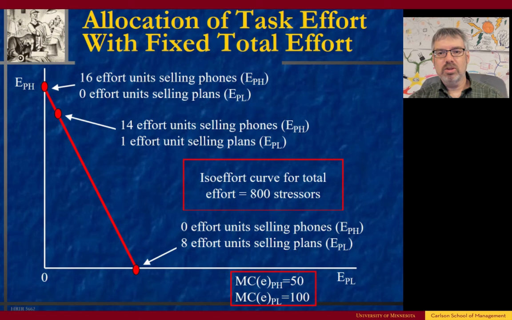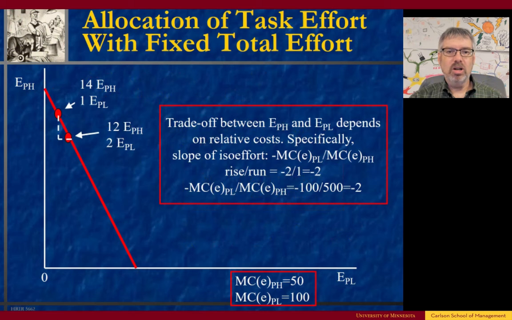Or I could go to the other extreme and do all on plans and none on phones, and again still have 800 stressor units, or other combinations in between, all costing me 800 stressor units for that amount of effort. We're trading them off at the relative rates of disutility or marginal cost of effort, similar to what we saw with an isoquant.